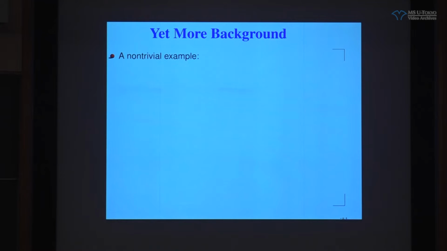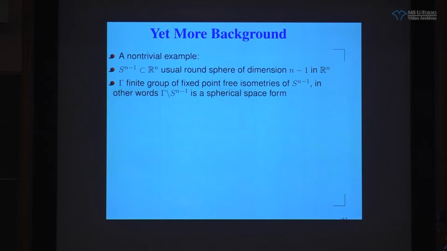Now let's look at a non-trivial example. Let's look at the usual round sphere of dimension n-1 in R^n, and a finite group of fixed point free isometries. So the quotient is a so-called spherical space form, a compact manifold of constant positive curvature.